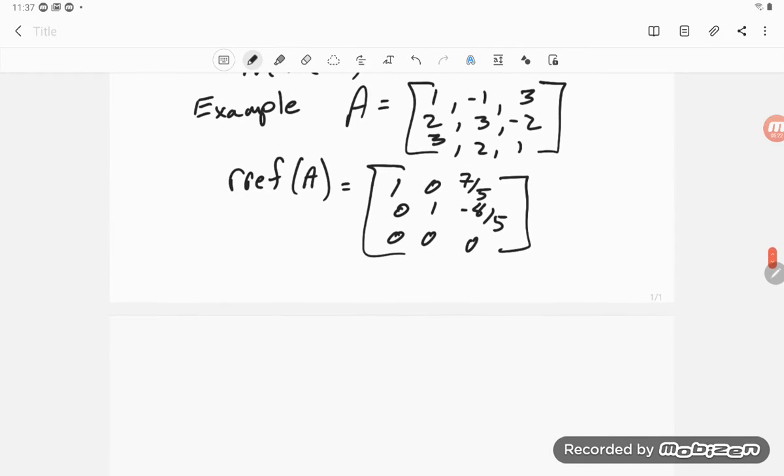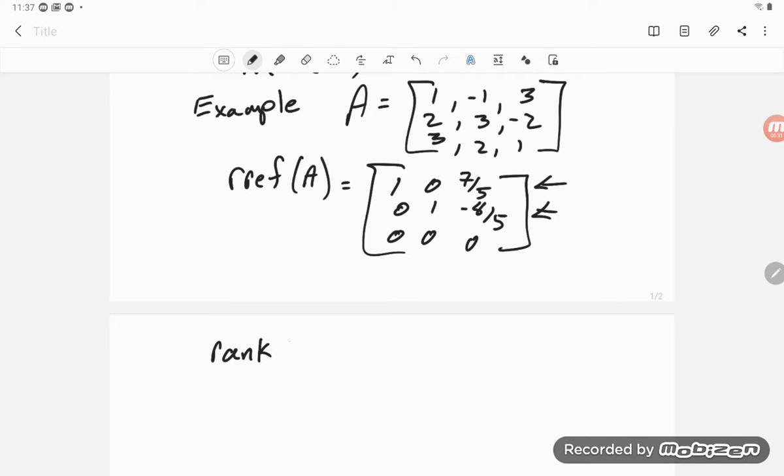So what this tells me is I have these two non-zero rows. That tells me right away the rank of A is equal to 2.